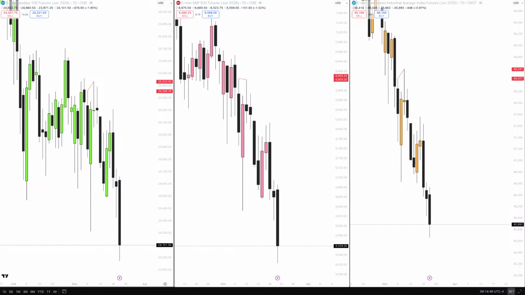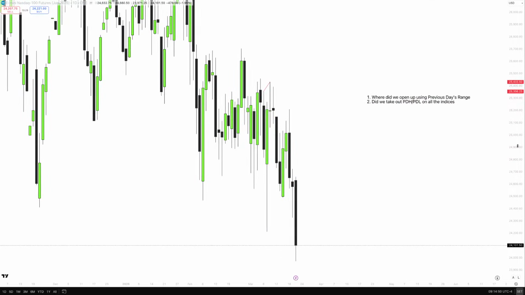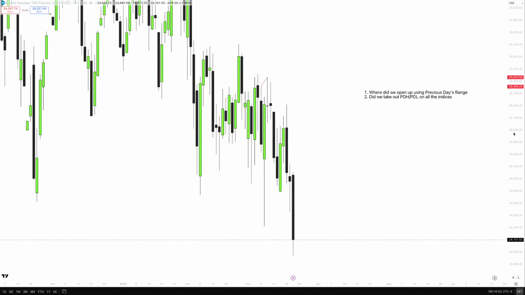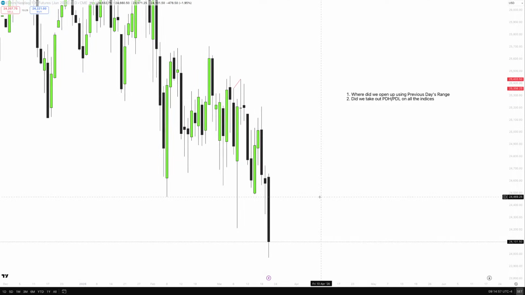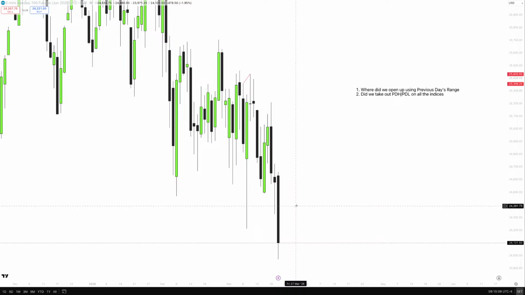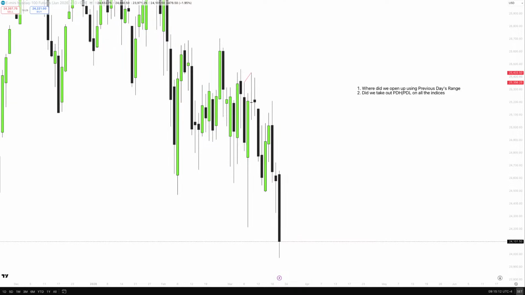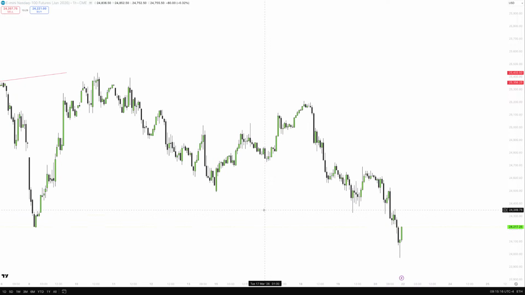So let's get back to NQ. And also a good example for me from yesterday. Yesterday when we opened up at 9:30, or even before that, when we go to the 1 hour time frame, we can see that better.